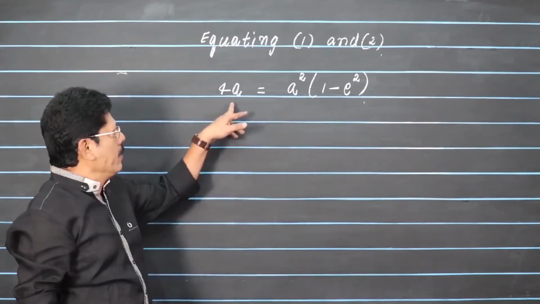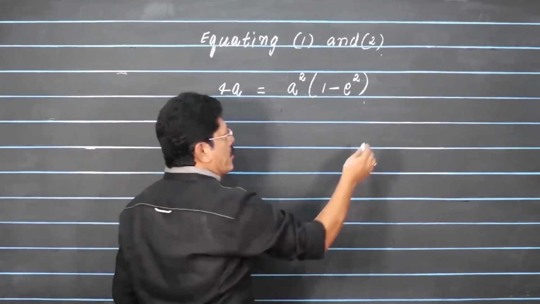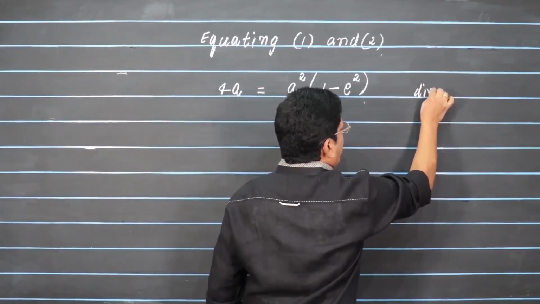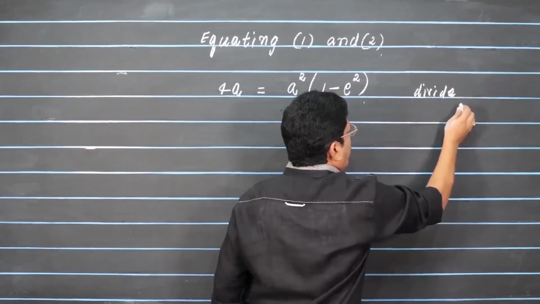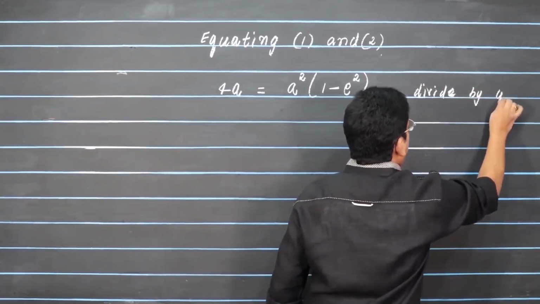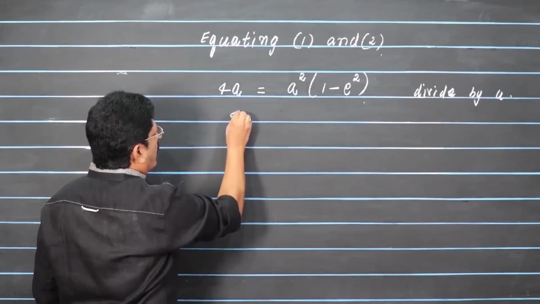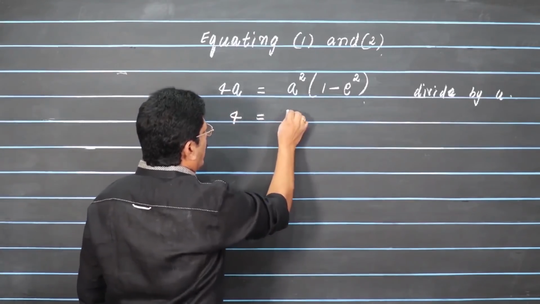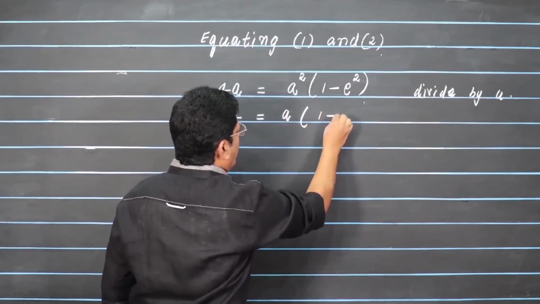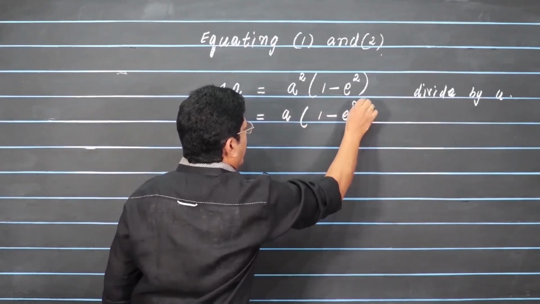Now if you see, a is common in this equation. Therefore, divide by a. So this will give you 4 is equal to a into 1 minus e squared.